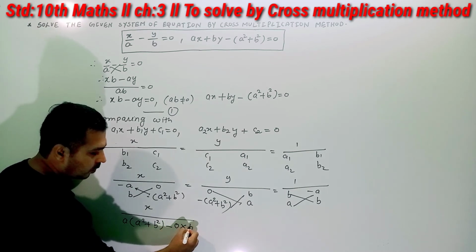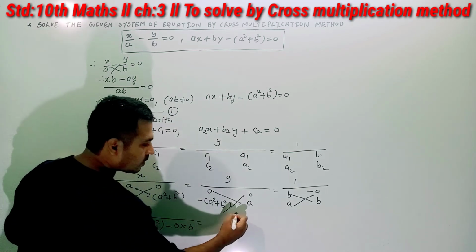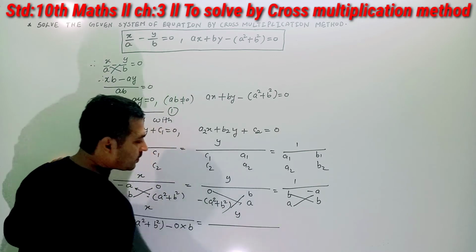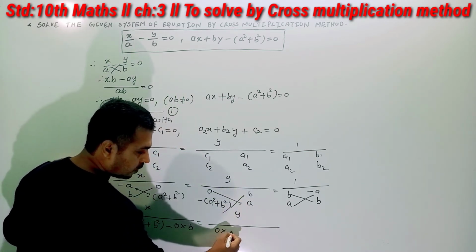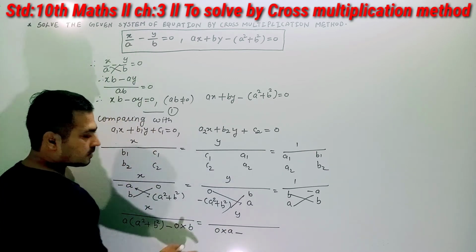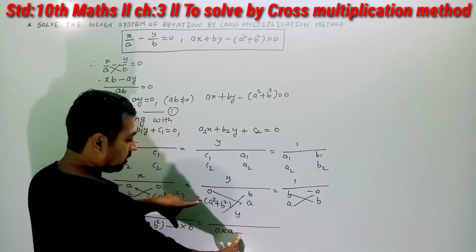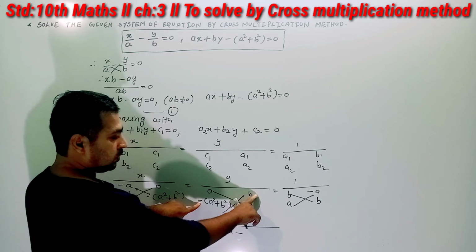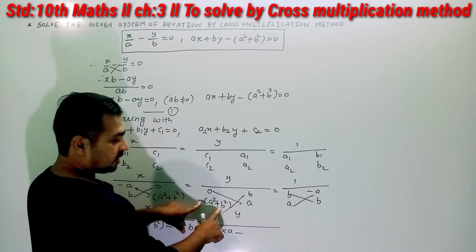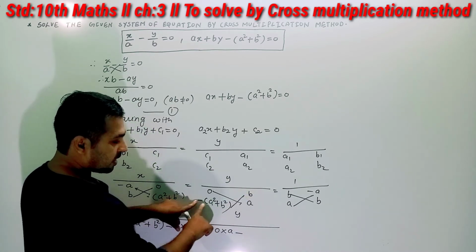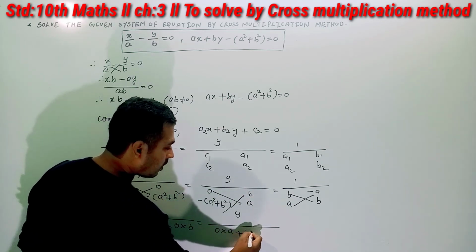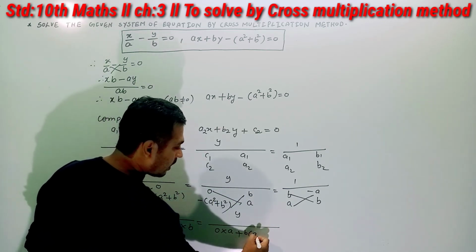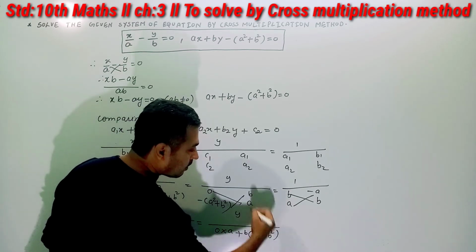For y: 0 into a minus, minus (a square plus b square) into b. This minus and this minus will be plus, so b into (a square plus b square).